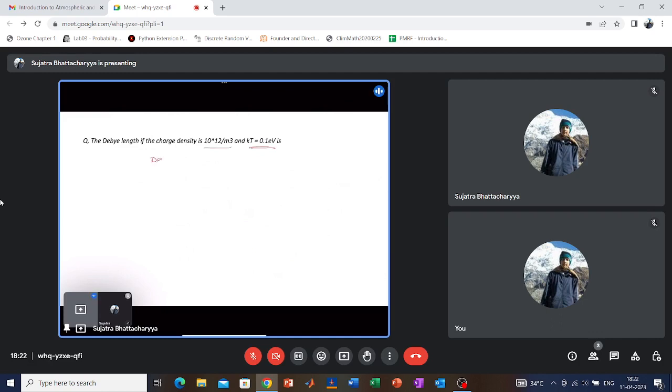So this is the Debye length, lambda D, is equal to epsilon naught kT divided by n naught e square. Now epsilon naught is known, so that is 8.85 into 10 to the power minus 12. kT is given to be 0.1 electron volt.